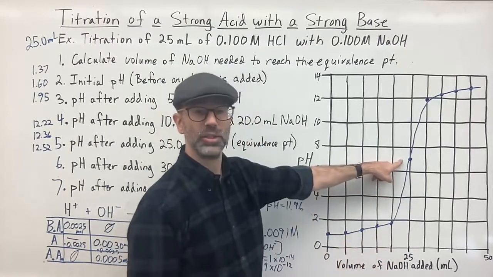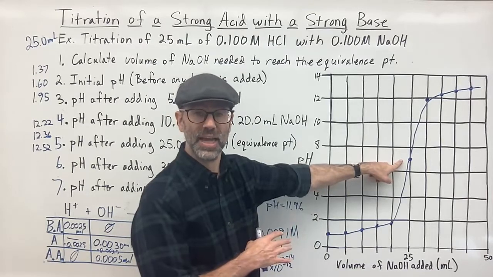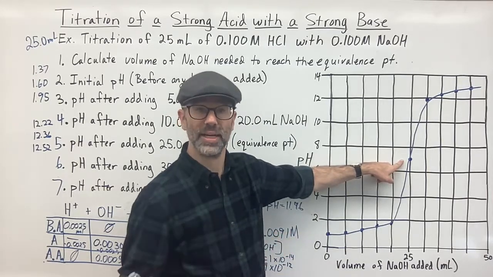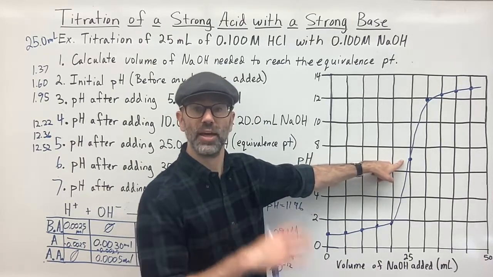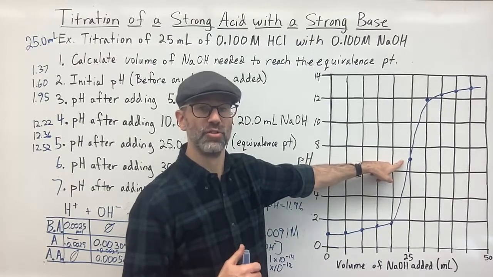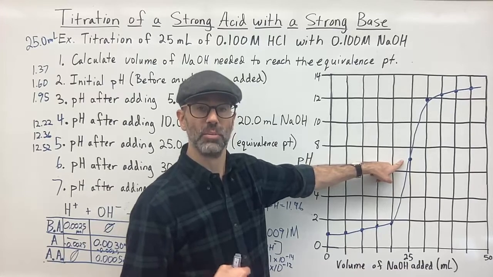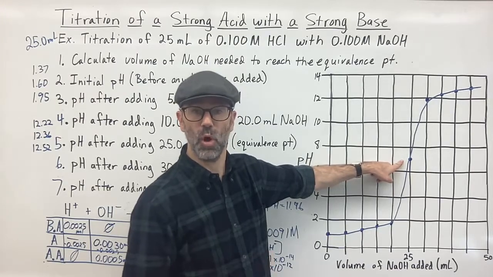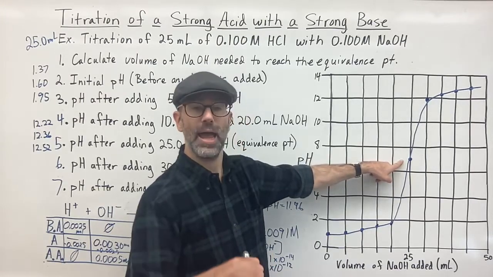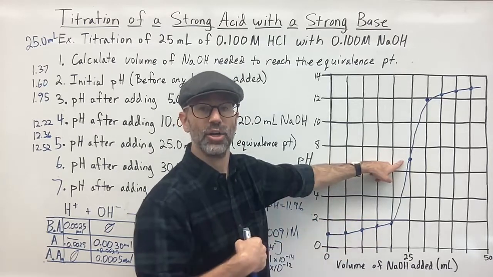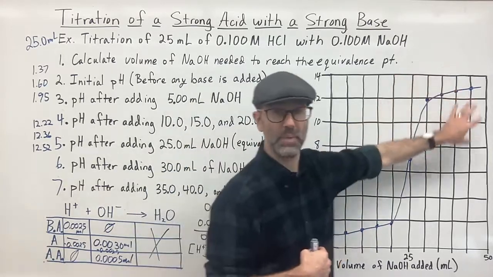At the equivalence point, you don't have any excess H plus or excess OH minus. So then the H plus concentration is due only to the water autoionization. So that's going to be a pH of 7 for water. And then after the equivalence point, you're going to have an excess of OH minus in this part.